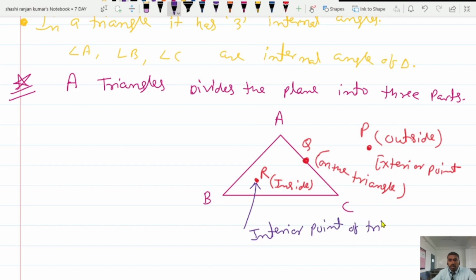Then we have the exterior one, and one we have on the triangle. So the triangle has divided the plane into three parts: one is outside the triangle, one is on the triangle, and one point is inside the triangle. Got it? Clear up to here?